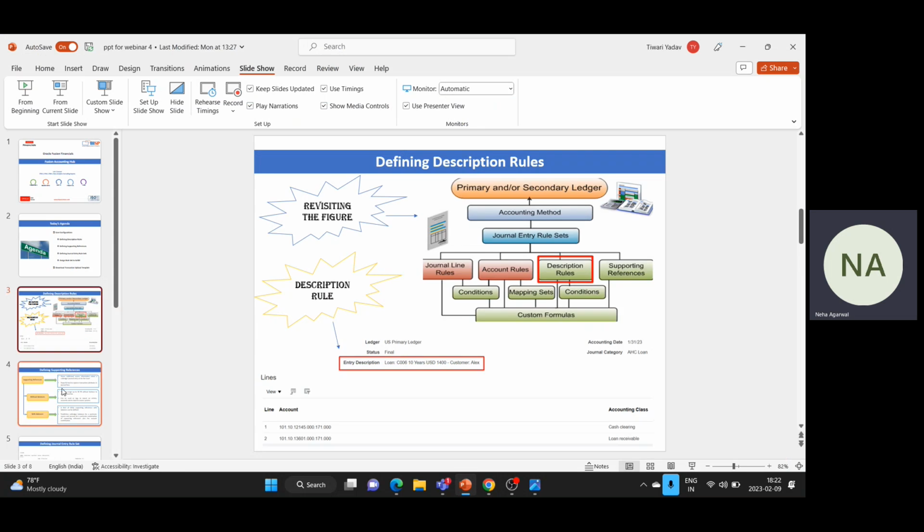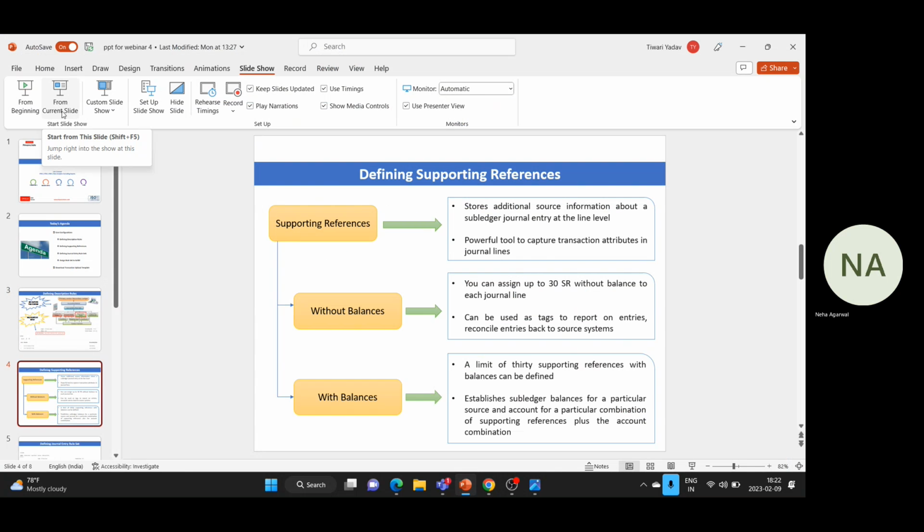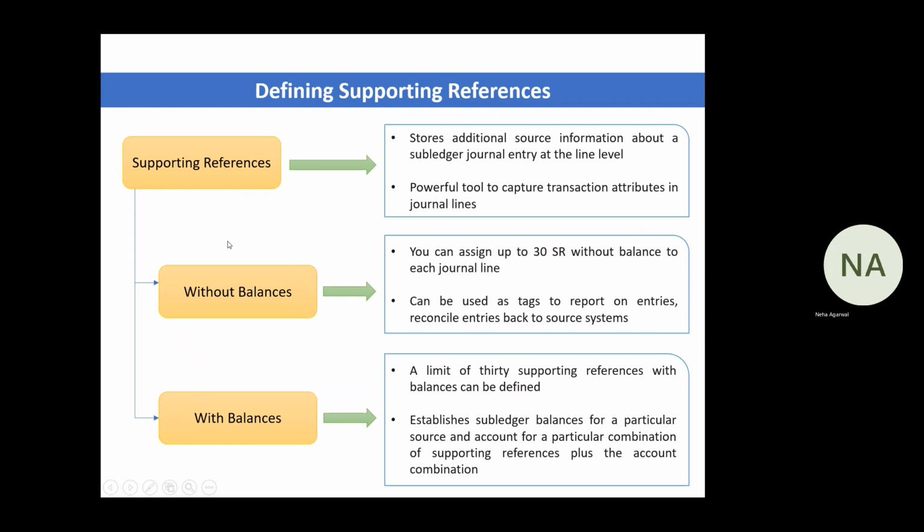So I'll come back here. So defining the supporting references. Supporting references store additional source information about a subledger general entry at the line level. It is a powerful tool to capture transaction attributes in journal lines.